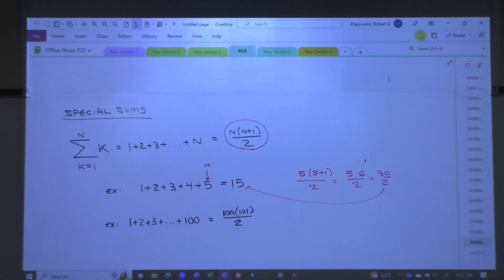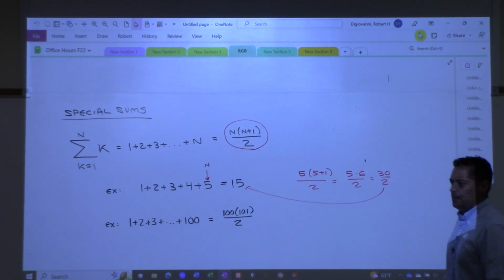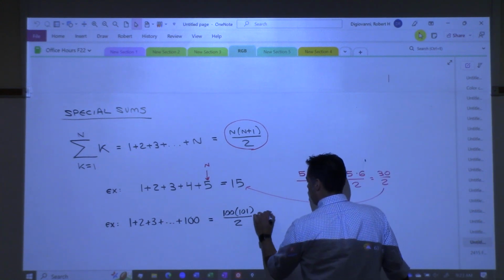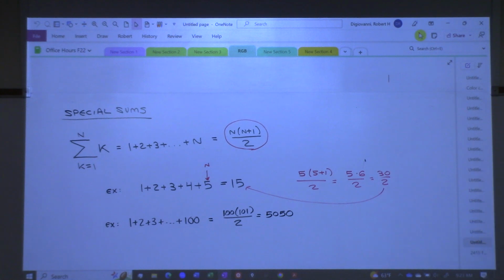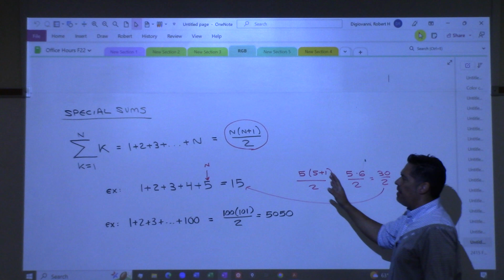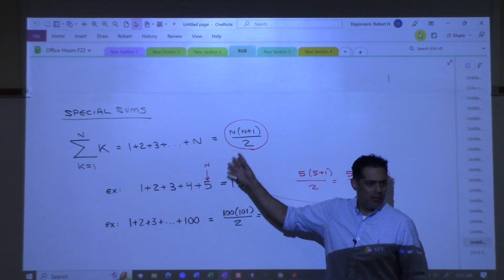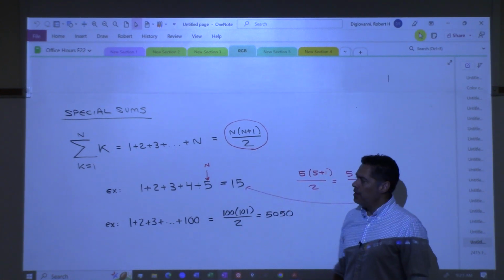And that you could do on your calculator, right? What does it come out to be? 5050, right? 5050? Okay? Nice little convenient formula, huh? Again, I'm not proving this. You just have to know this formula exists.